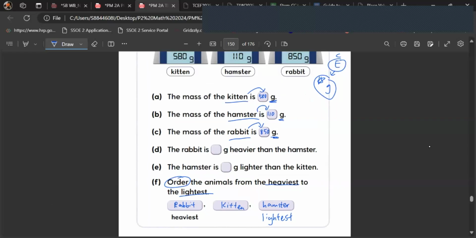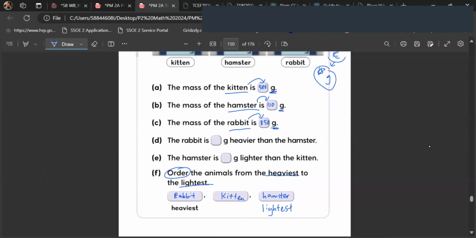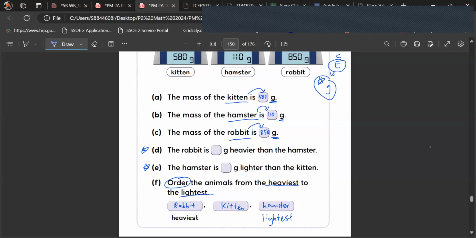Okay, then the next question is very important. Yes, B and E, very important. Now it's asking you to compare rabbit versus hamster and hamster versus kitten. And it tells you already, rabbit is heavier than hamster.